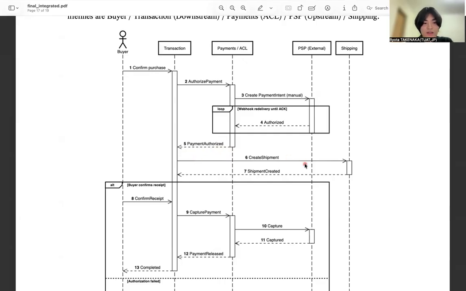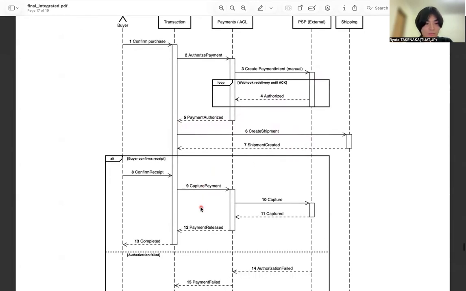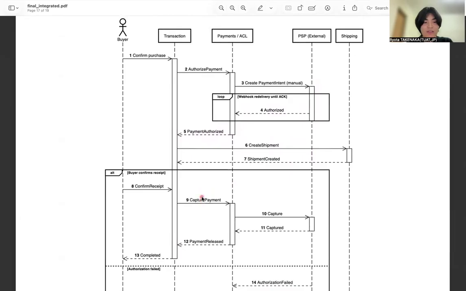Now the transaction state is officially paid, and the transaction context can now safely send the create shipment command to the shipping context. And the buyer confirms the receipt when they receive the item.